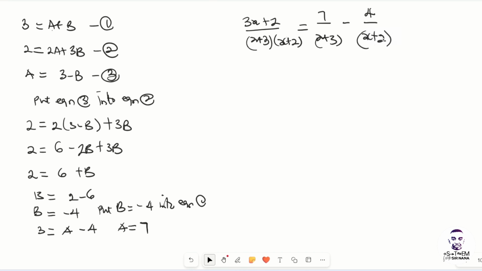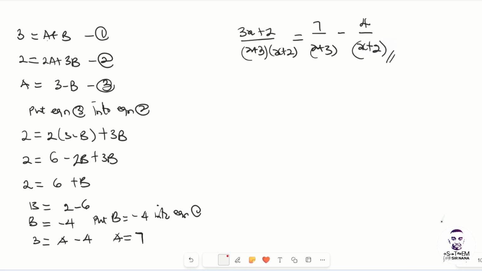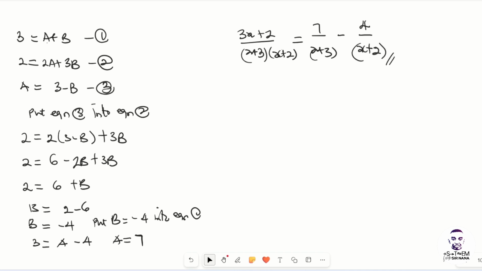So we have resolved into partial fractions as 3x plus 2 all over x plus 3, x plus 2 to be equal to 7 all over x plus 3 minus 4 all over x plus 2.